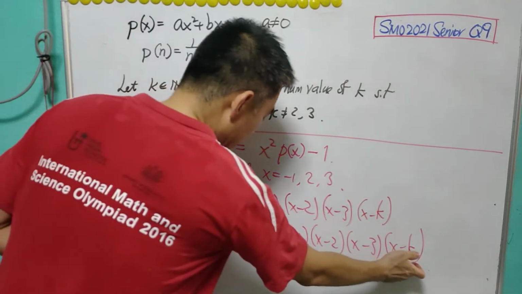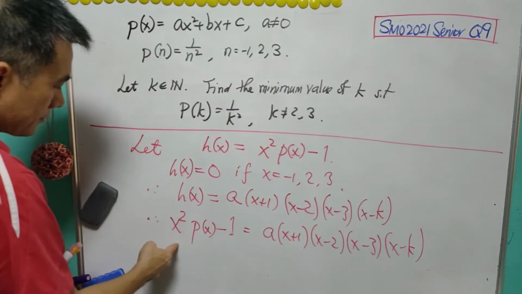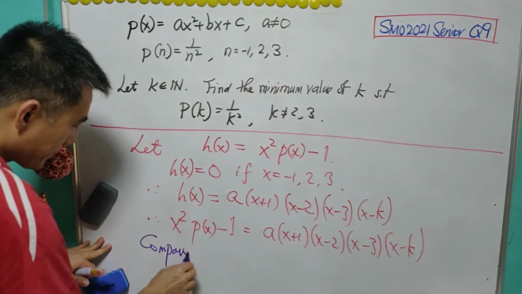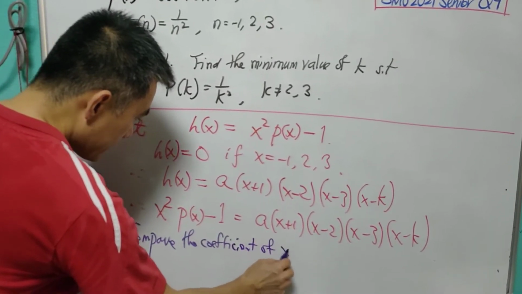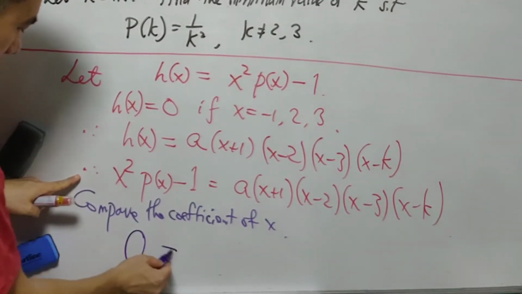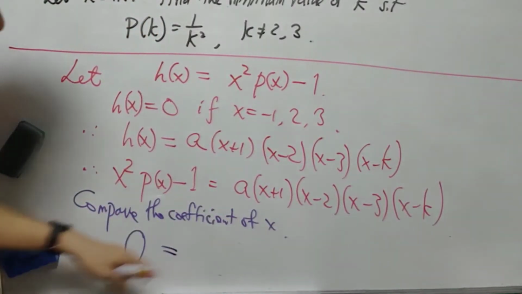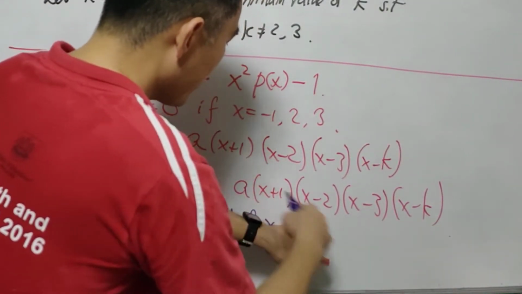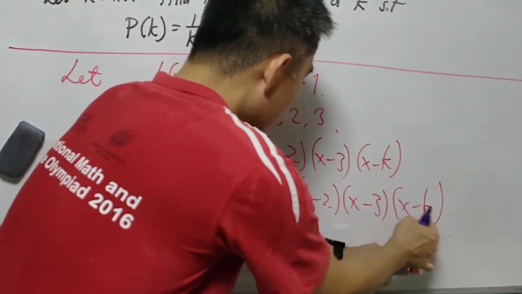In order to get k, now we observe that there's no term in x for the left hand side. So we may compare the coefficient of x. From the left hand side, that is equal to 0. From the right hand side, after we expand this, in order to get x, we have one x and all constants, one x and constants, one x and constants, one x and constants.